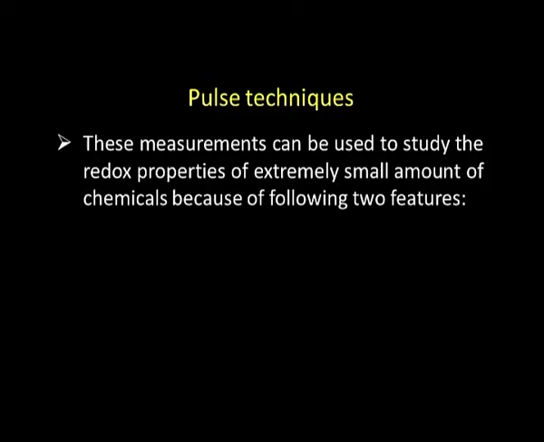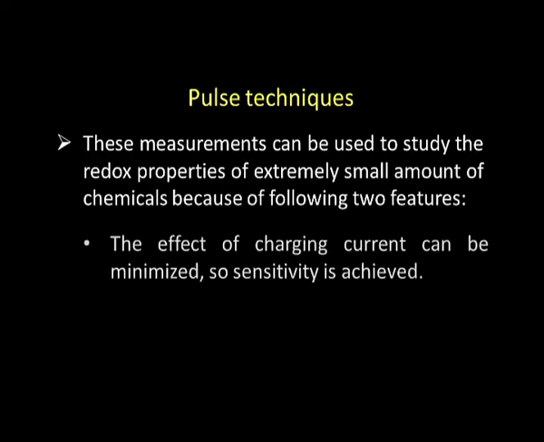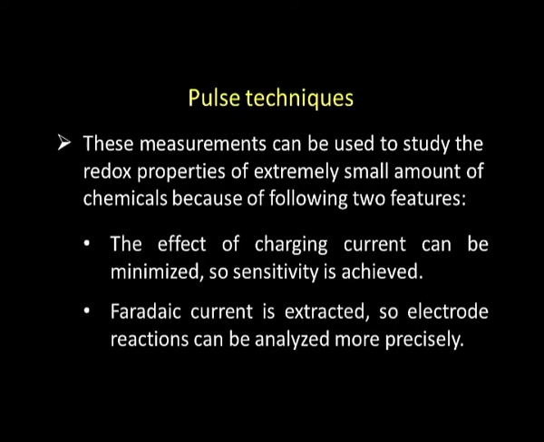These measurements can be made to study the redox properties of an extremely small amount of chemicals because of the following two features. First, the effect of charging current can be minimized and therefore sensitivity is enhanced. Second, Faradaic current is extracted, or electrode reactions can be analyzed more precisely by these techniques.